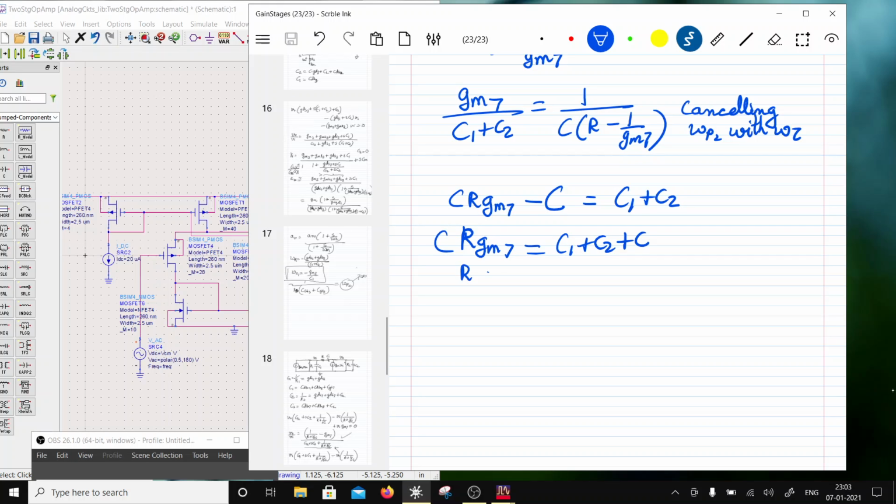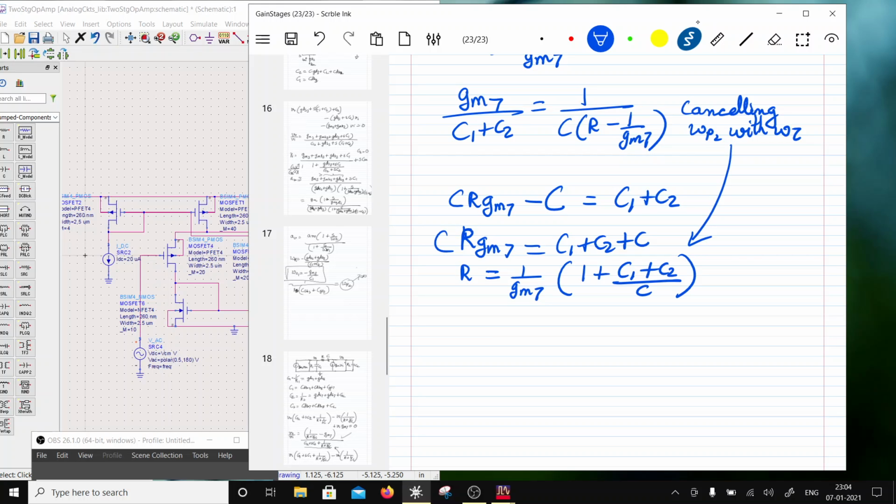So this will be R is equal to 1/C1. Okay, so 1 over GM7 I can take common, and then I'm going to do 1 plus C1 plus C2 divided by C. So if this is the condition, then I have cancelled the second pole.